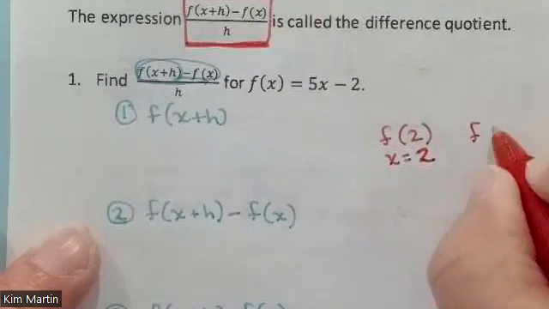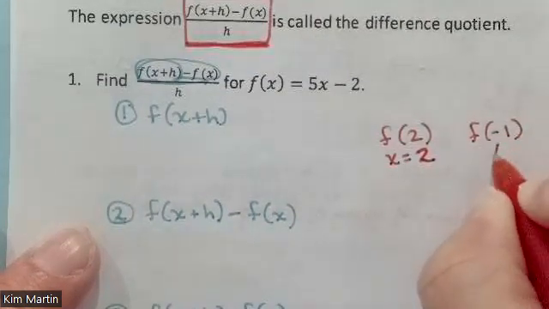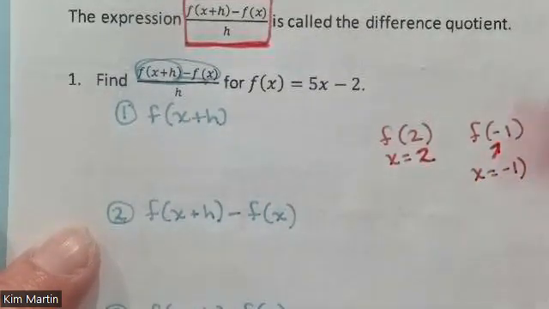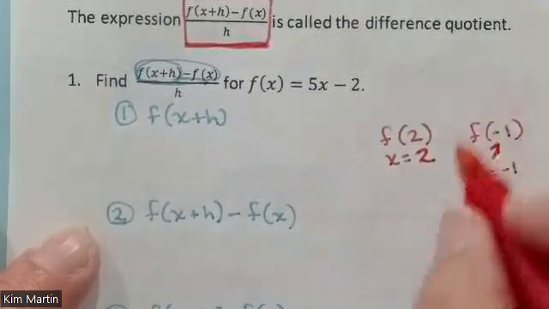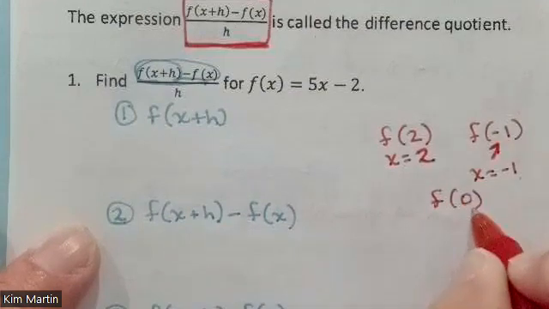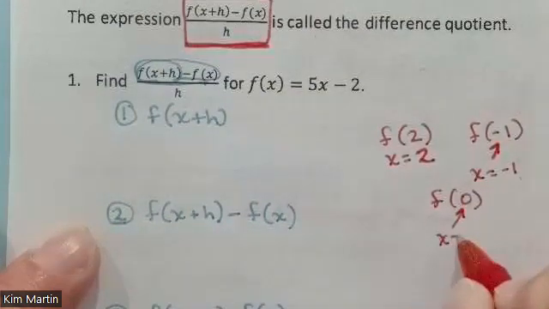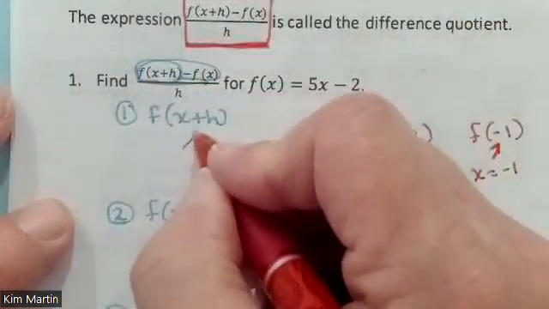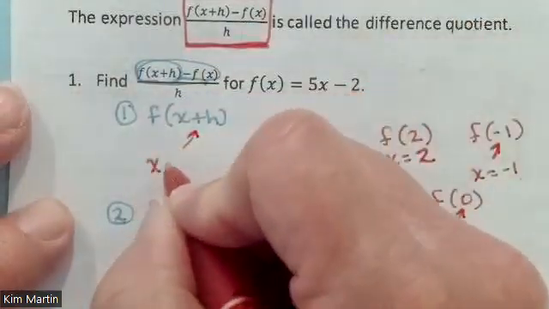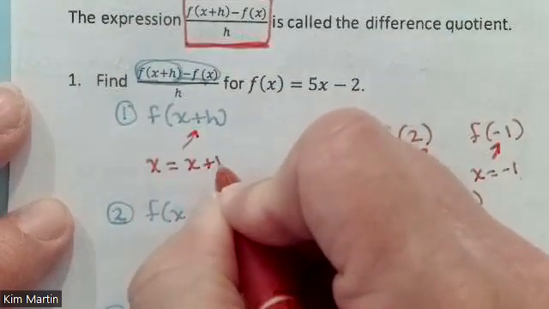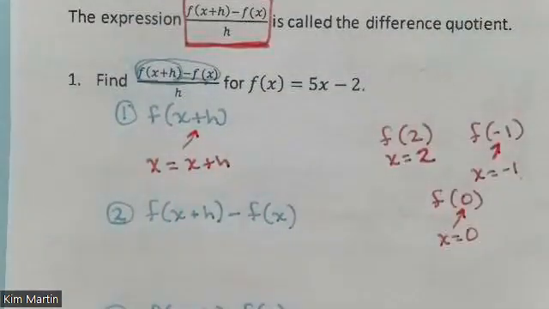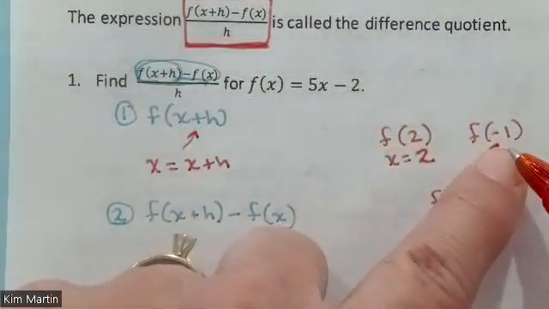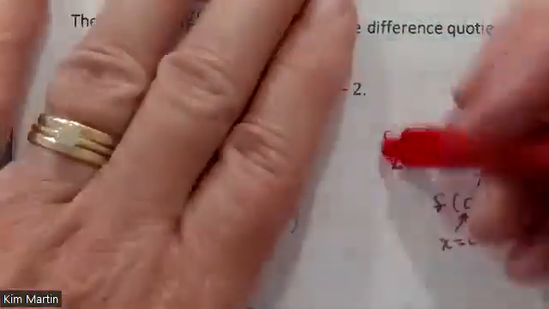If I said f of negative 1, this is just telling you that x is negative 1. If I said f of 0, it is just telling you that x is equal to 0. Well, here, this is just telling you that x is equal to x plus h. It's our input. Here, this was our input. Okay.